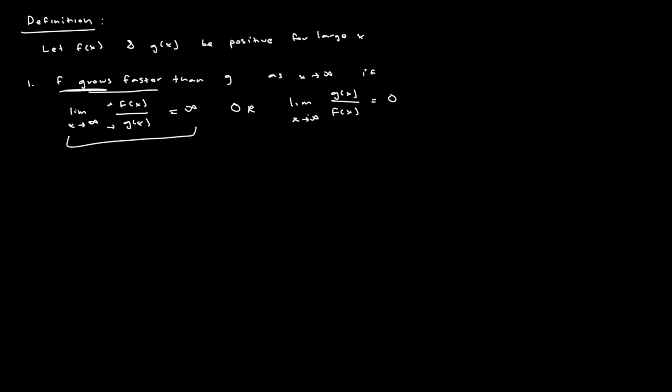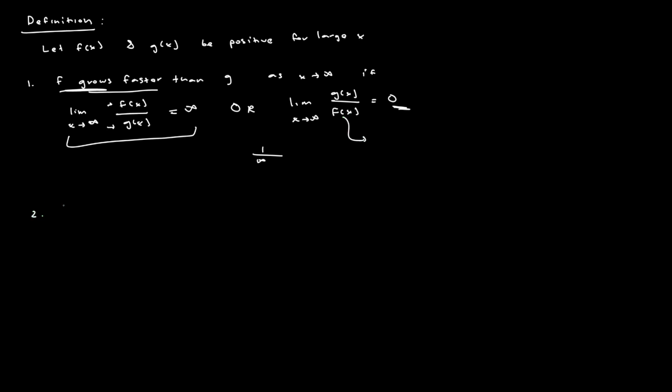Likewise, if we take the reciprocal of this fraction, we would get g over f of x, and you can think of it as being 1 over infinity as x tends to infinity, and therefore if we get 0, then you can say that g grows slower than f, or f grows faster than g. So both are equivalent definitions.